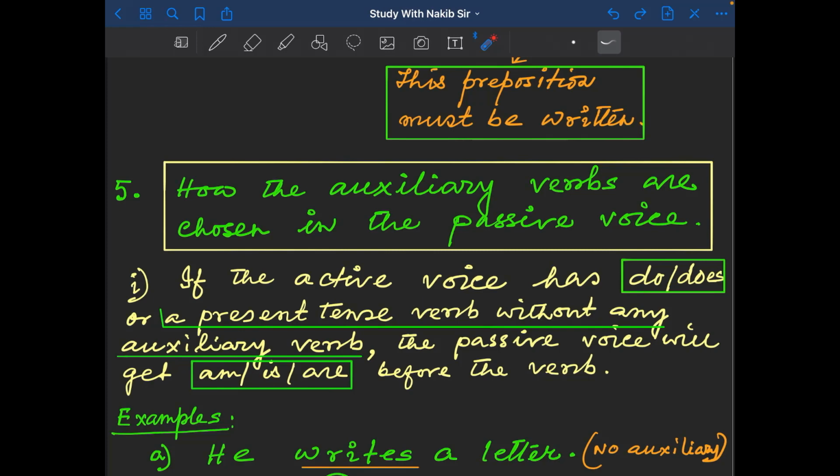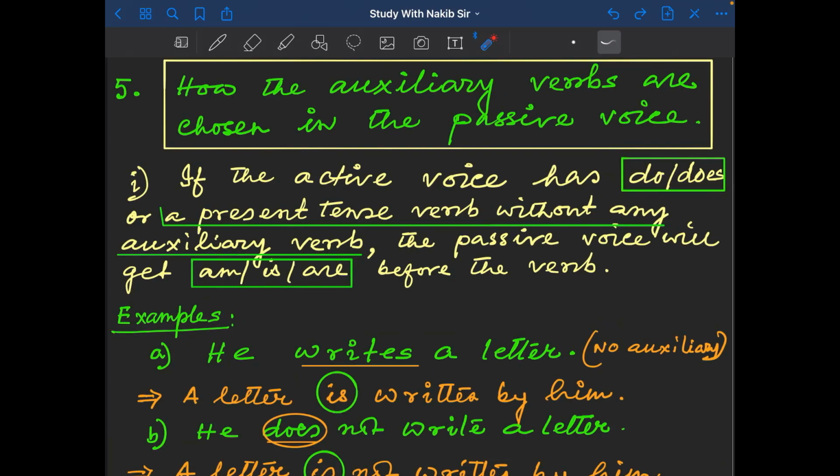Very, very interesting question. If the active voice has do or does, for that do or does, use am, is, are. Or if the active voice has the present tense verb without any auxiliary verb, the passive voice will get one am or is or are before the verb.